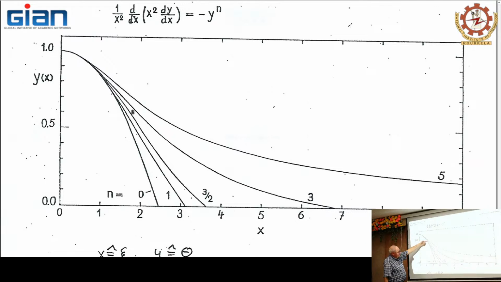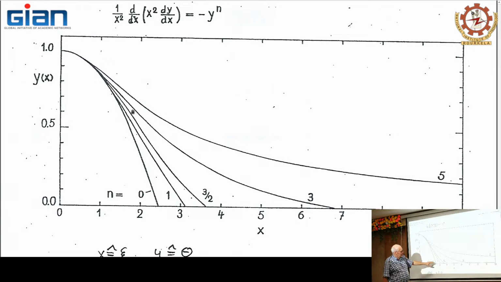Once we integrate for a particular value of the polytropic index, then we will reach a 0 depending on the polytropic index. So for instance, for the polytropic index n equal 1, the solution theta is 0 between psi equals 2 and 3.